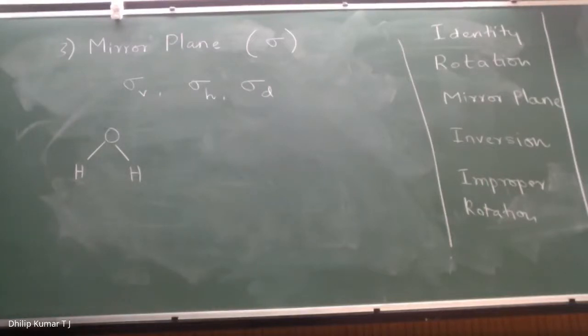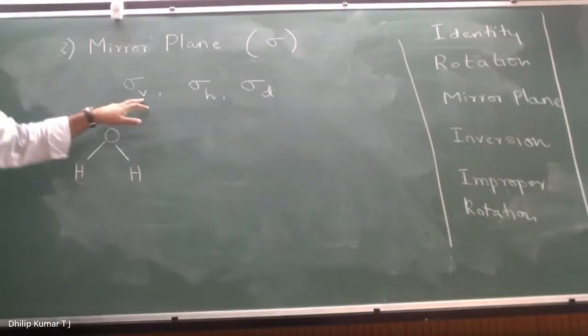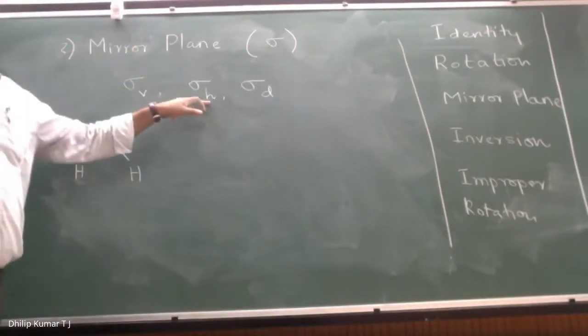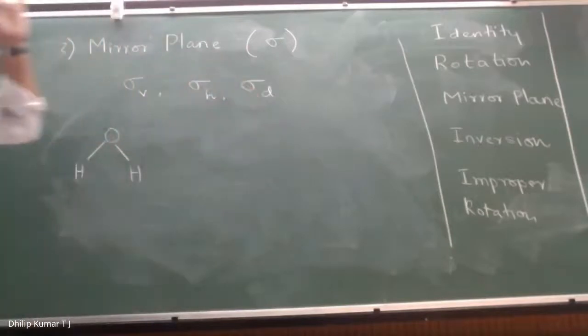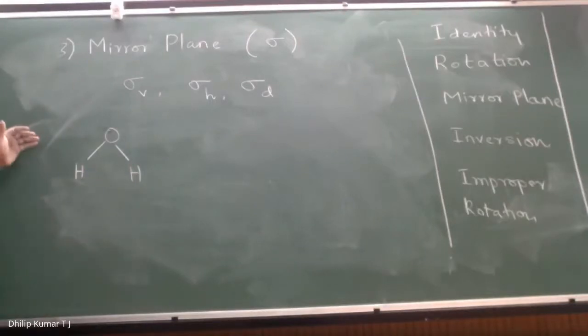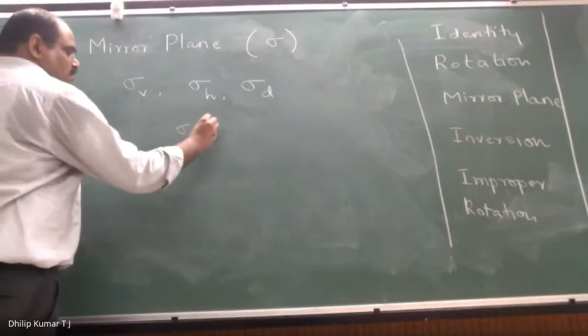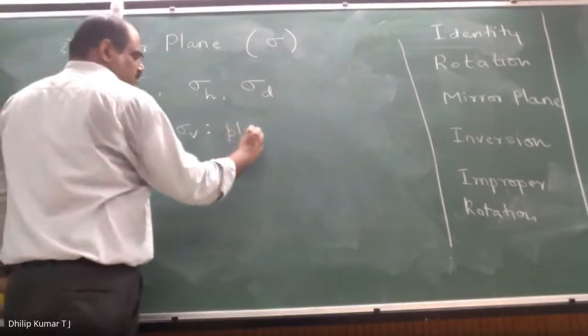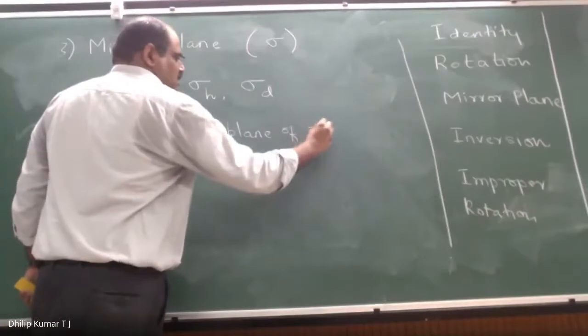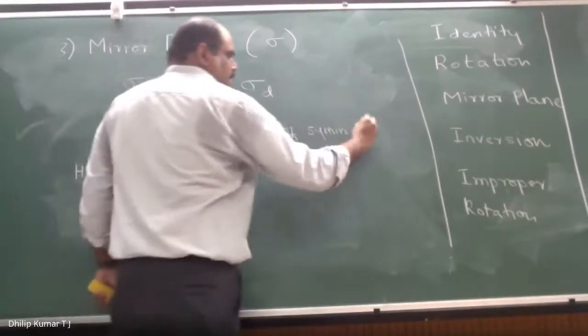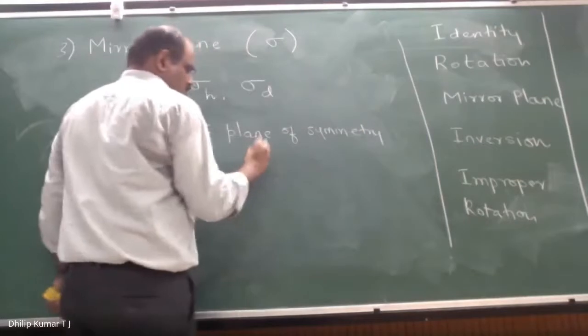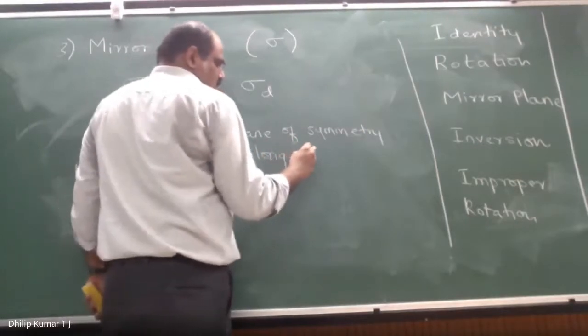What planes are possible with sigma? Sigma v means a vertical plane, h means a horizontal plane, and d is a diagonal plane. Sigma v is a plane of symmetry passing along the principal axis.